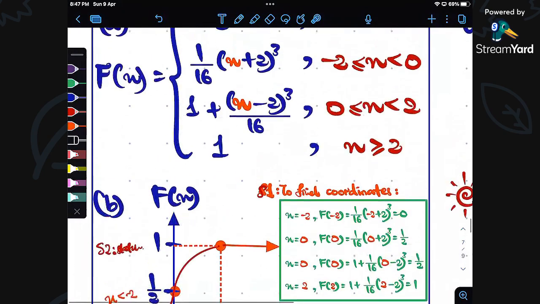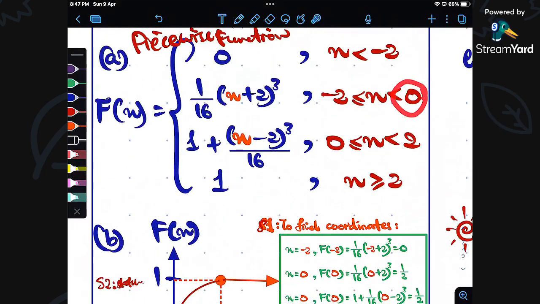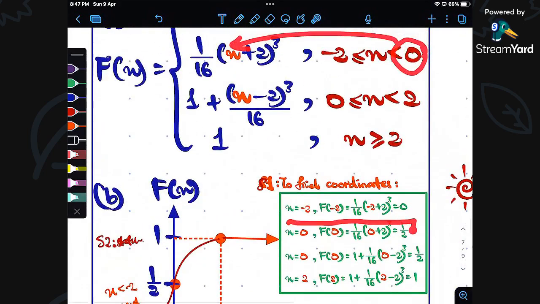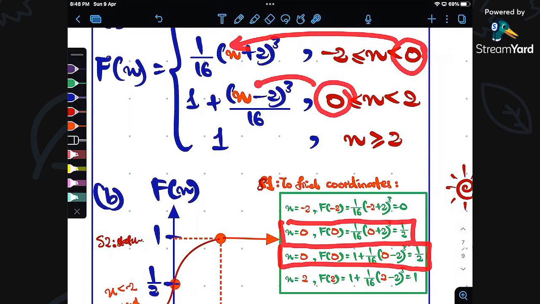And so the next point is 0. When you sub the 0 into this function for this part, this is my second point. I insert the value 0 into the function, I got a half. And you see very carefully, I insert another 0 here into the next function, and I got the same value, half. It's not a coincidence.